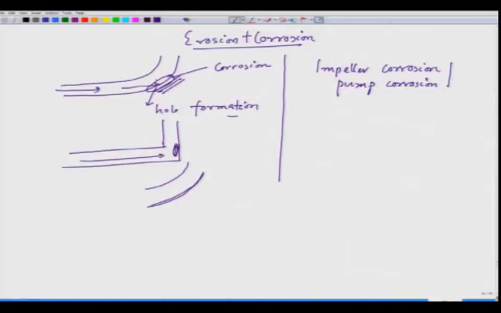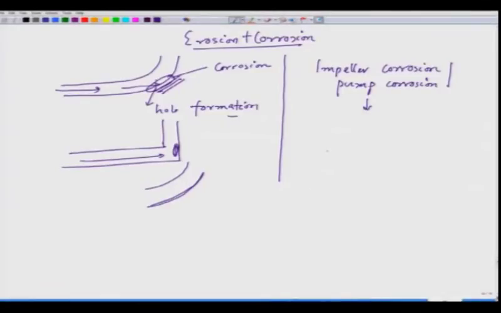Many times if we go and look at the blades of a water pump, we see that the edges of the blades are heavily corroded, and many times we see that the edges of the blades are detached from the original shape, original structure. This happens because of a typical corrosion which is called cavitation. In case of cavitation, what happens?